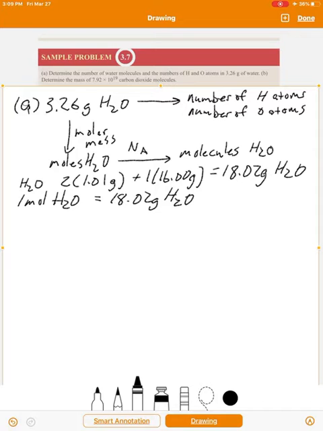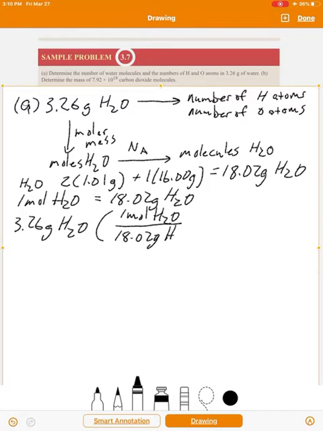Okay, now that we've got that, let's do the conversion. 3.26 grams of water, and we're going to convert that to moles. So notice I'm putting the mole on the top and the grams on the bottom. Why? Because we have grams here. We want to get rid of grams. So grams of water divided by grams of water will give us moles of water.